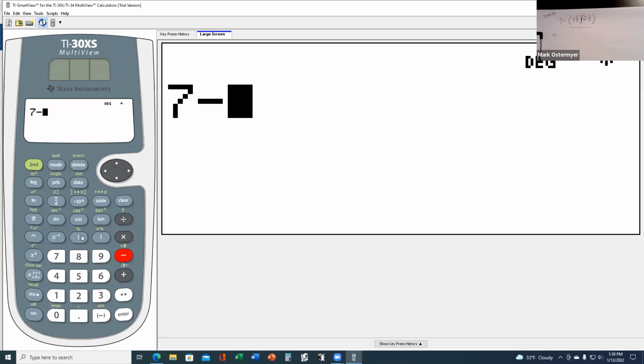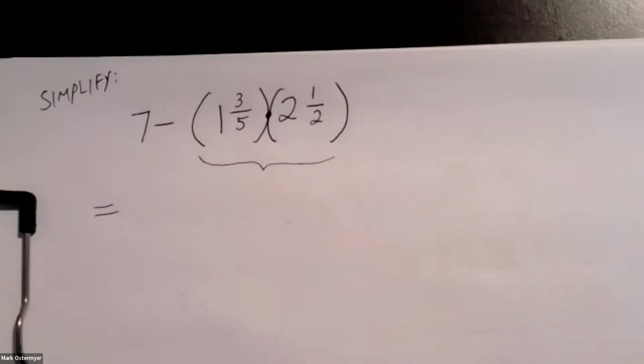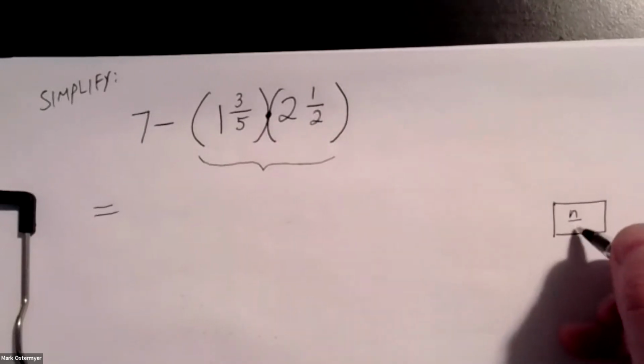You can go with an open parenthesis, and now we need to type in the mixed number 1 3/5. How do we do that on our calculator? Well, ladies and gentlemen, above the fraction button, N over D, do you see where it says U and N over D?